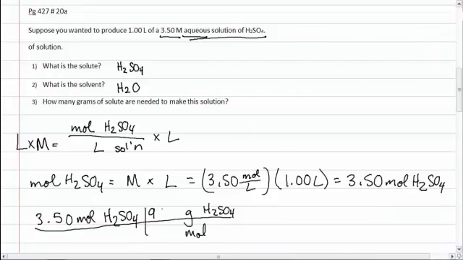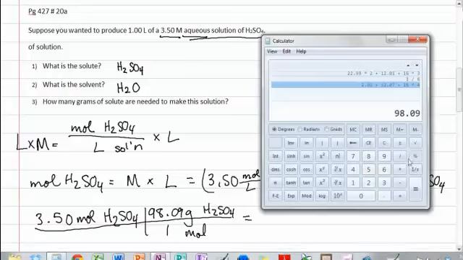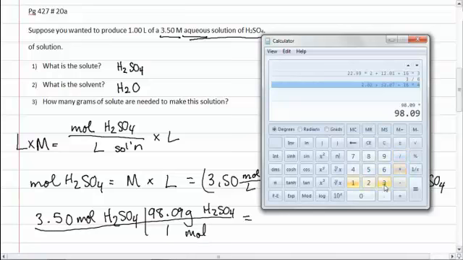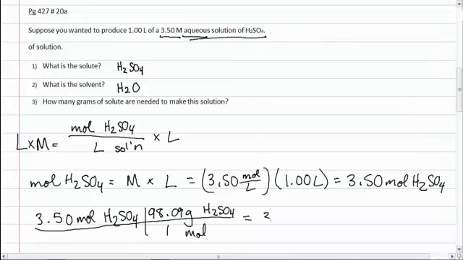So 98.09 grams per 1 mole. We multiply that by our 3.5 moles, and we get 343.315.